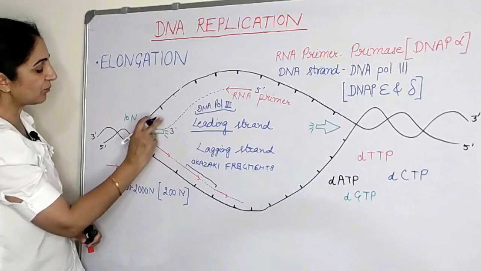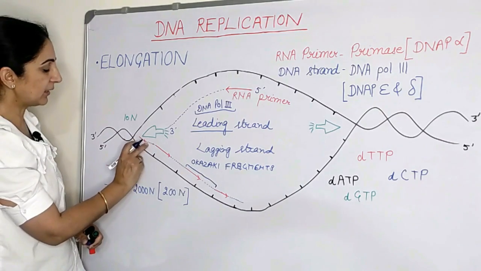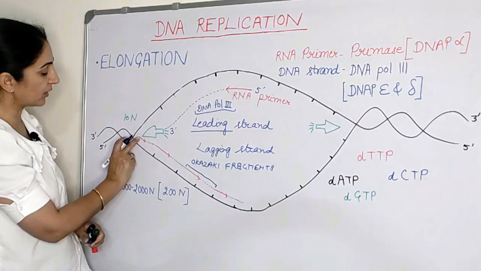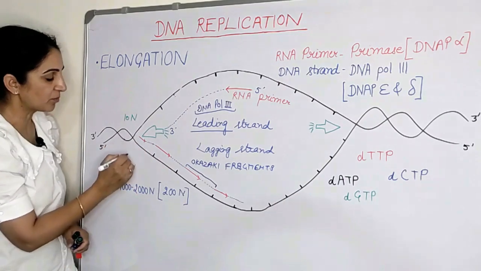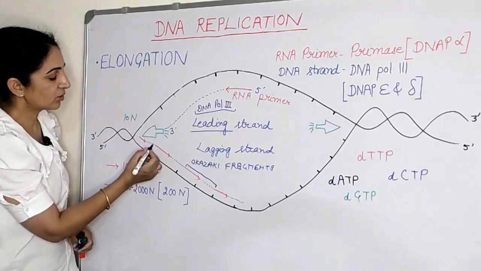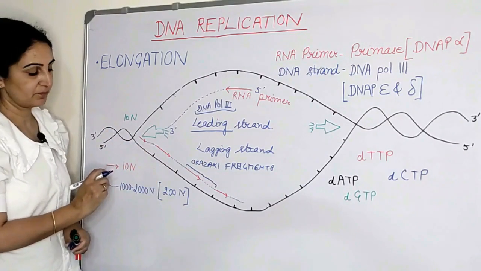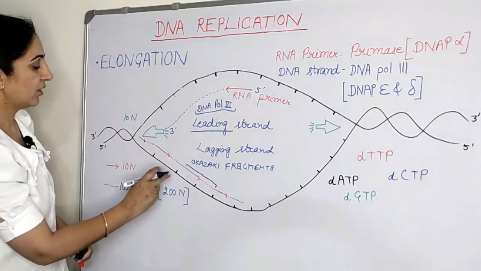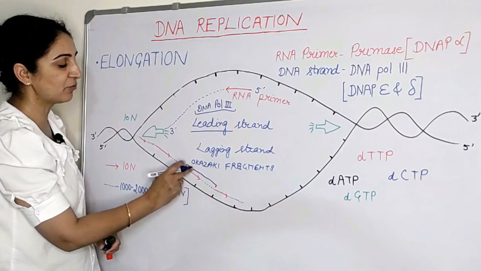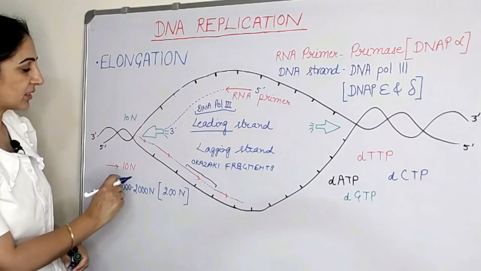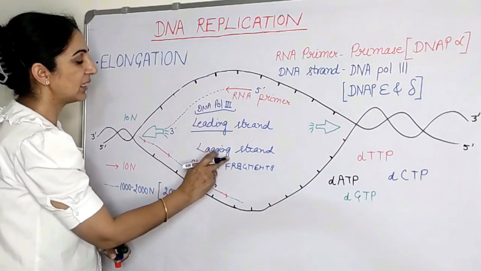Then DNA polymerase 3 synthesizes a small length of DNA strand over these RNA primers, but this synthesis stops when it meets the already synthesized RNA primers. So in this way you have so many small RNA plus DNA fragments. These fragments are known as Okazaki fragments and the strand is called the lagging strand.